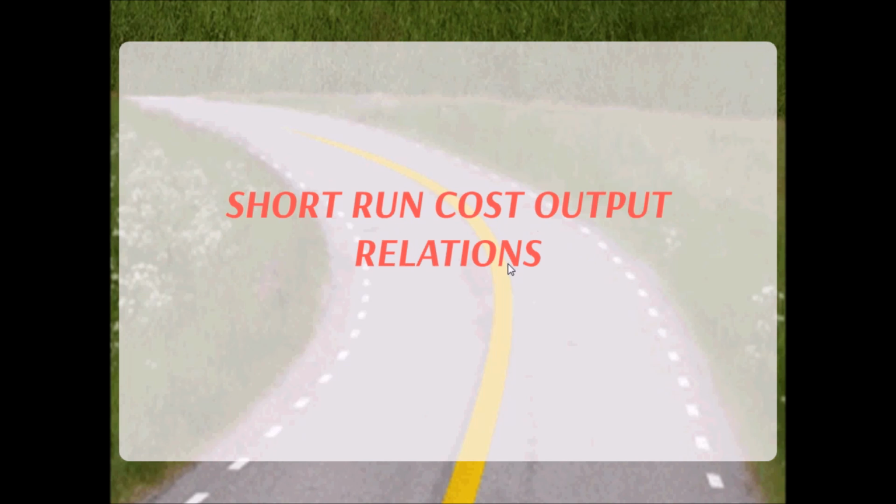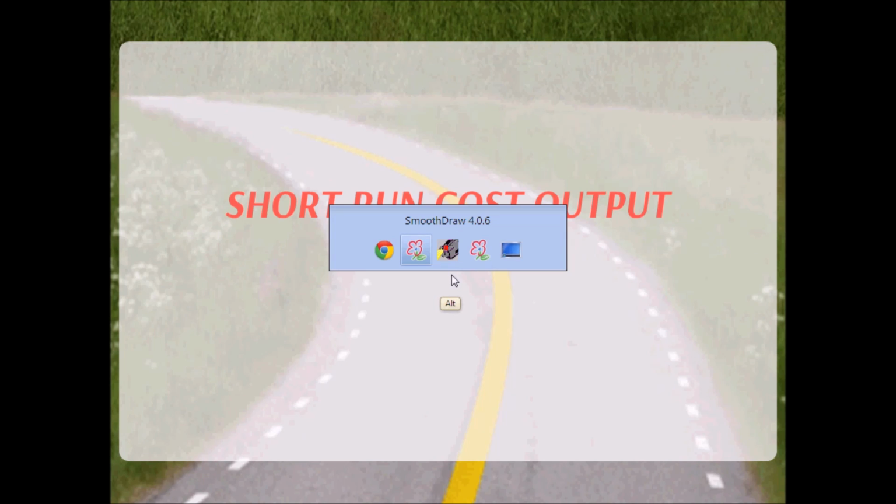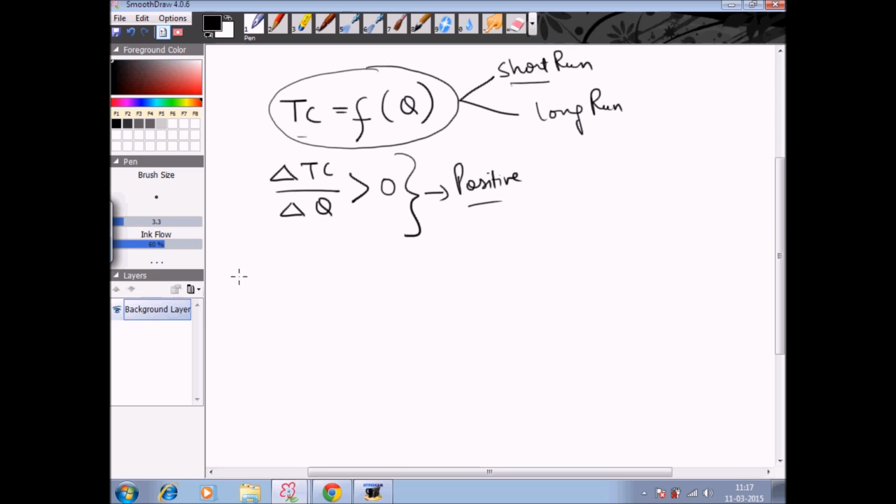Short-run cost-output relations basically analyze various types of cost, and these are as follows. First is total cost. As I told you, in short run, some factors of production are fixed and others are variable.